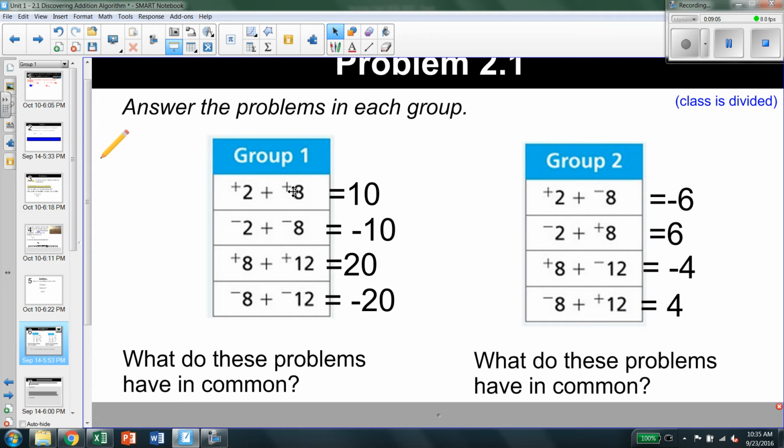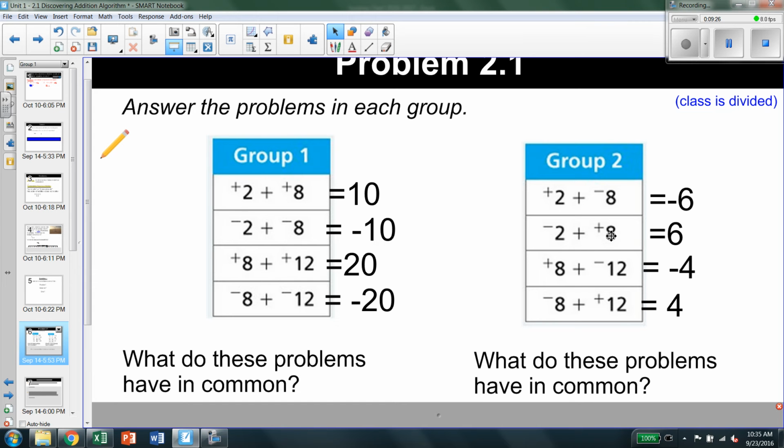They're the same signs, right? Here, I'm adding a negative and a negative. They're the same signs. And you might start to notice something about what happens with the answer. Okay, here, I'm adding a positive and a negative, and we are winding up with a negative. I wonder why.